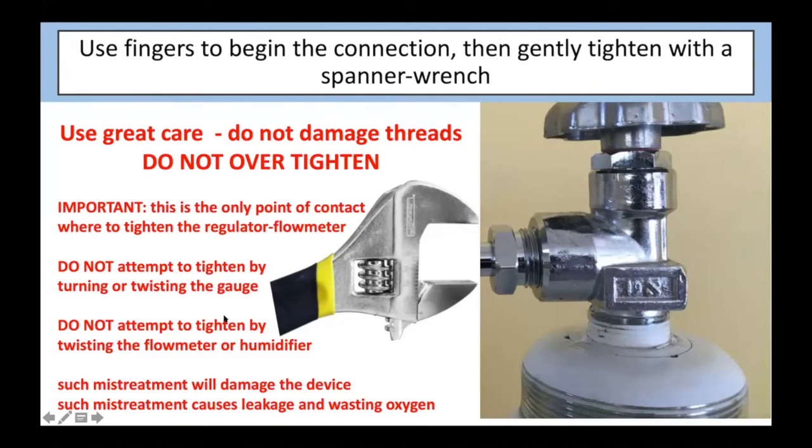Do not hold the gauge in your hand and turn that to fix the regulator and flow meter to the cylinder. You'll break the gauge. Do not attempt to tighten by twisting the flow meter or the humidifier. You'll break the flow meter or the humidifier. Such mistreatment will damage the device. And once the device is damaged, it's going to cause leakage, wasting oxygen, and even your patient care can be compromised.